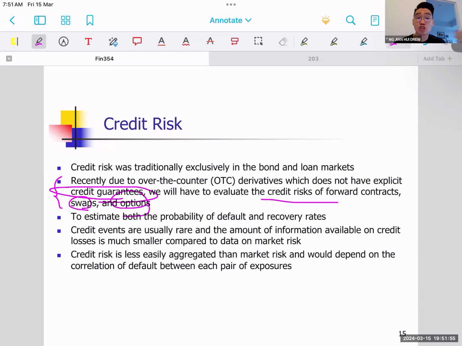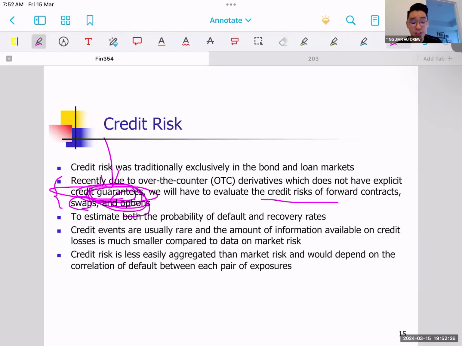When I say underlying, I mean the stock, or mostly the stock or the bonds, can be ETF bonds as well. It does not have the underlying, right? You are basically trading the derived value of those underlying products, right? So because of that, there's no credit guarantee. You do not have a guarantee on the underlying, and hence this introduces some credit risk into our discussion.